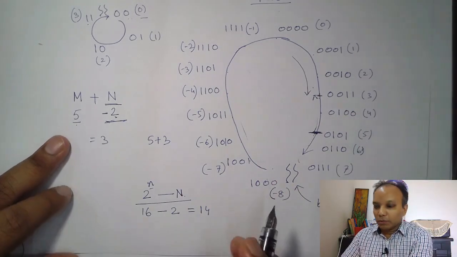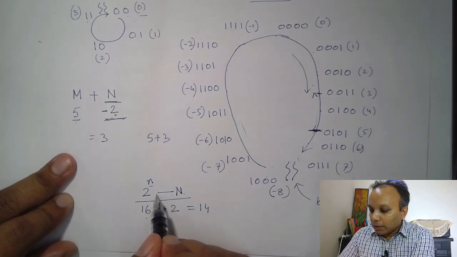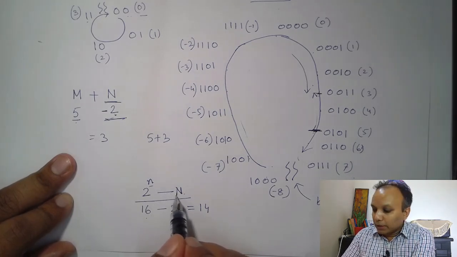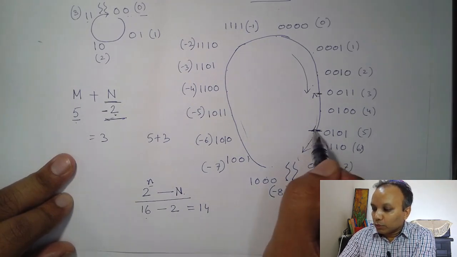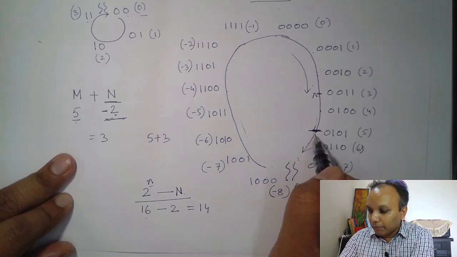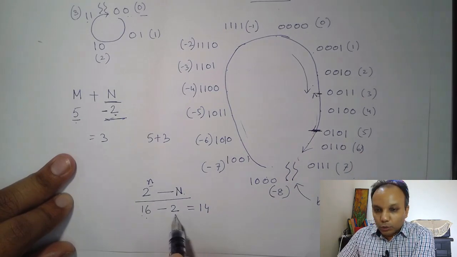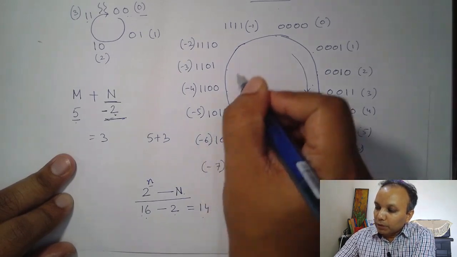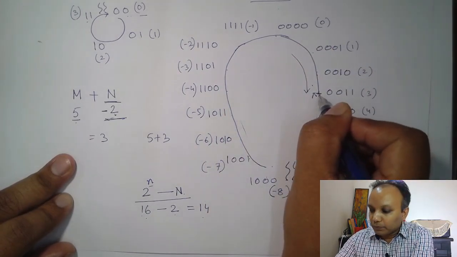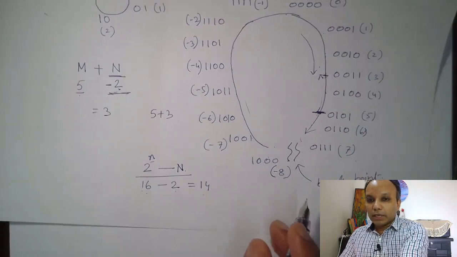I am dealing with 4-bit numbers, so 2 to the power 4 is 16, and I have to subtract the absolute value of n, which I want to add with the number I have, which is 5 here. So 16 minus 2 is 14. Now if I move in the clockwise direction 14 steps, then I will reach here, which is the answer.